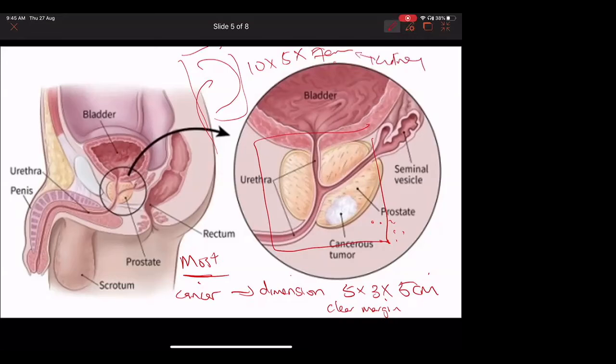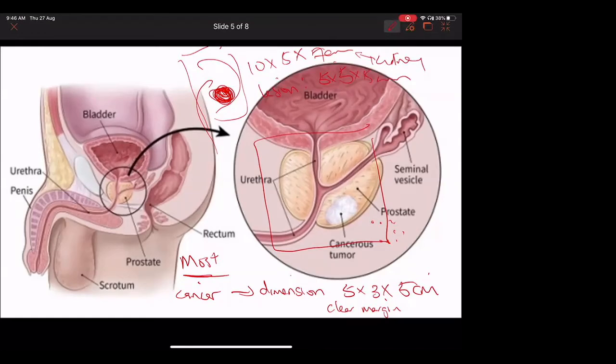This is the measurement of the kidney with a lesion that is 5 by 5 by 5. So now you understand how one specimen can have 2 dimensions. They tell you the whole organ dimension and also the dimension of the lesion itself. So for kidney, it's not surprising to have 2 dimensions: dimension of the kidney and dimension of the lesion.